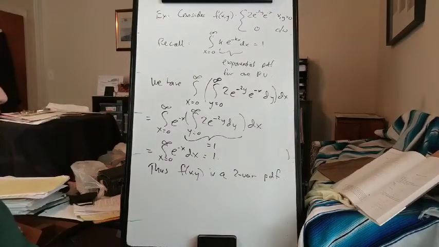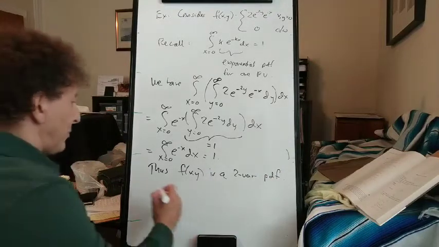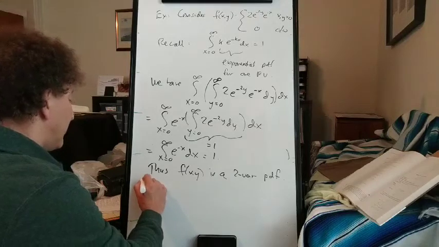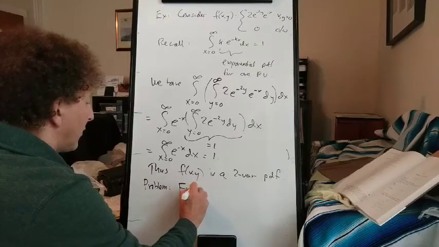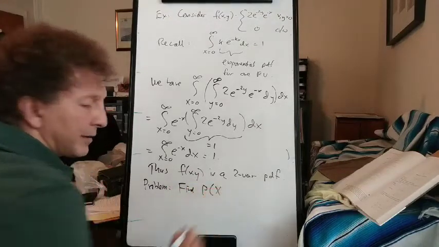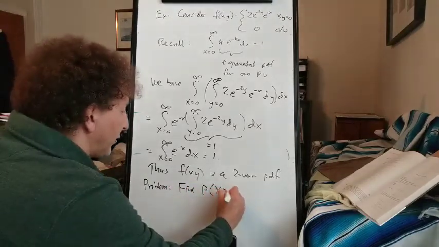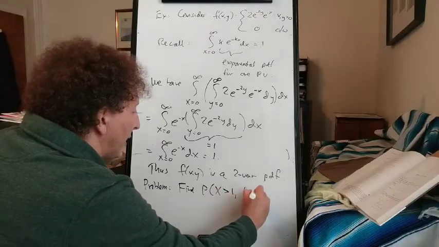Alright, now let's use it to compute something. Let's find the probability that the variable x is greater than 1 and the variable y is less than 1.